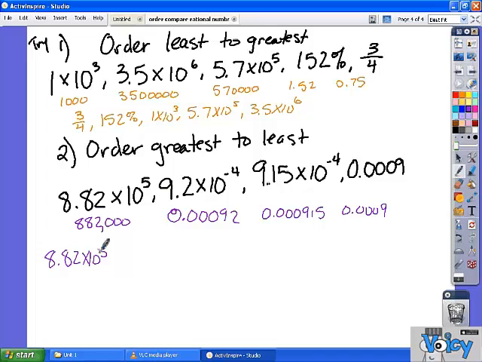And then our next biggest number is going to be 9.2 times 10 to the negative fourth, then 9.15 times 10 to the negative fourth, and the last one that started off in decimal form. If you did not get either of those right, please make sure you are asking for help.